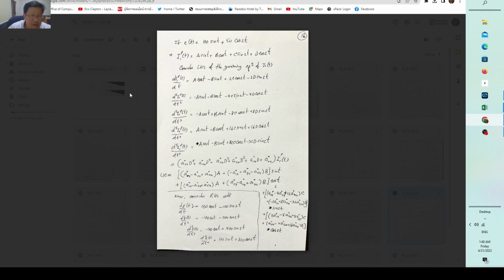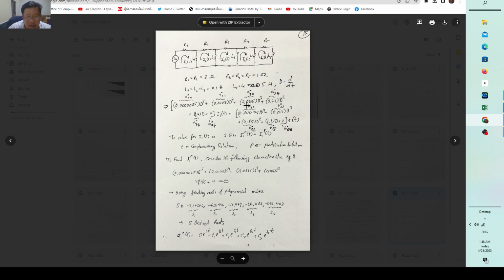Your left hand side is a differential equation. Once you have a differential equation, you look at the effect over here. The input equation that you put here, the left hand side, has a fifth order, and all of this fifth order needs the derivative of i1(t).